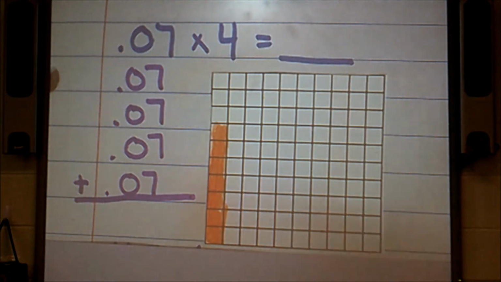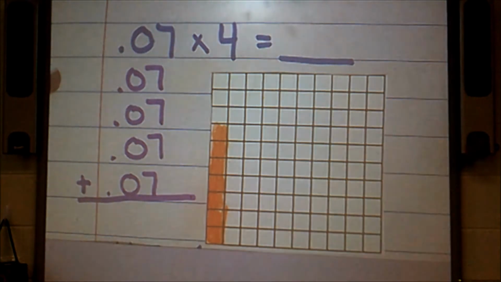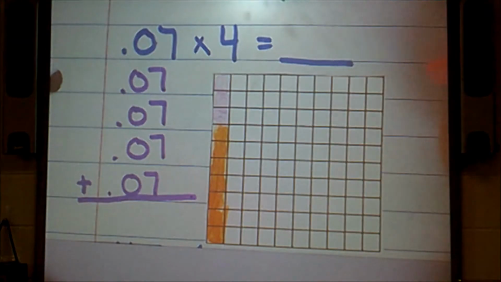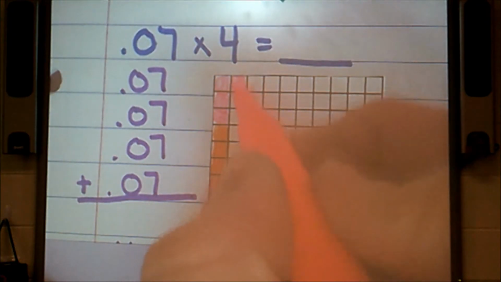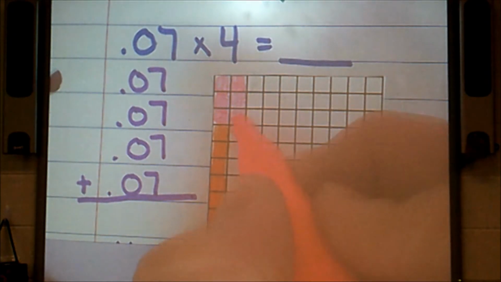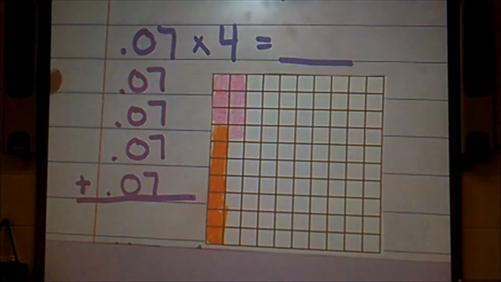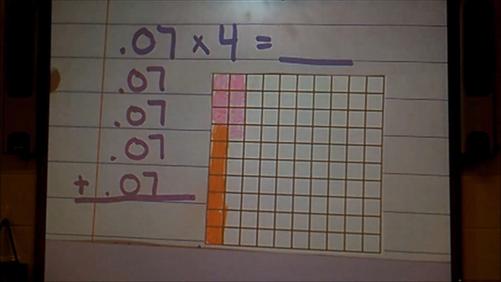Now I'm not going to go to the next row because I haven't filled out the first row. I'm going to fill my first row first. So I'm going to fill in 3 here, and then I'm going to go to my next row. 3, so that makes 4, 5, 6, 7. That makes 7 total. So that's 2 times.